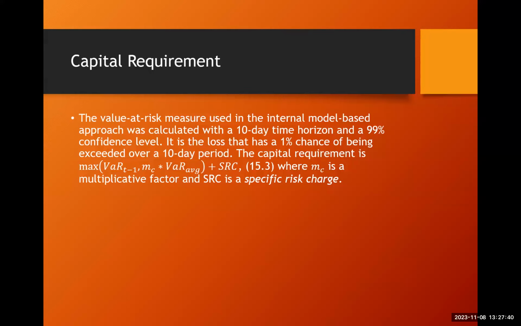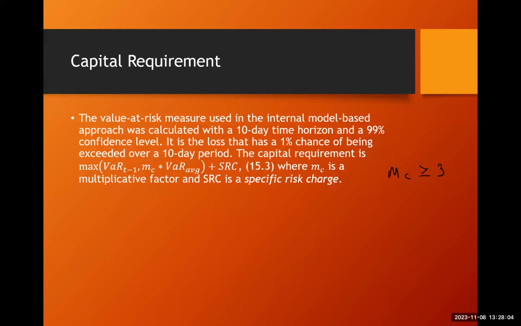We talked about MC being greater than or equal to 3, where MC is determined by the number of exceptions that were calculated. There is then also a specific risk charge that is added on top of that.